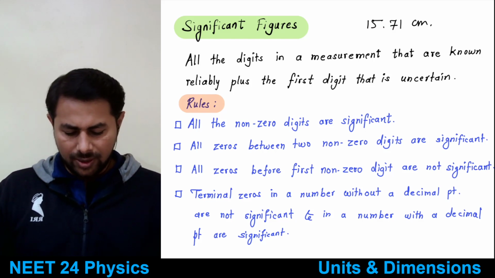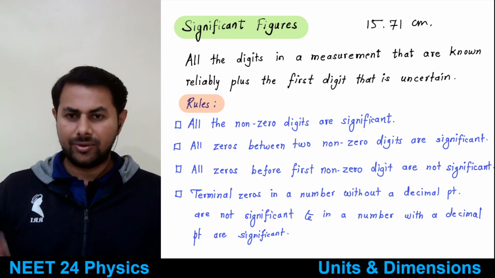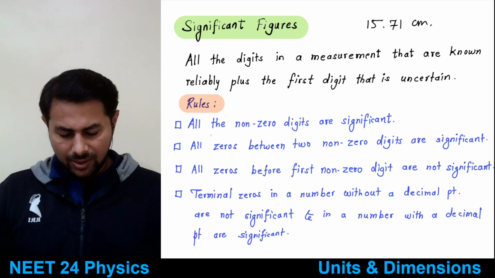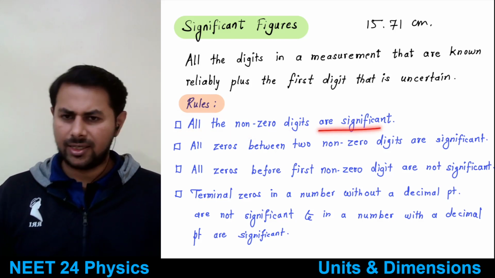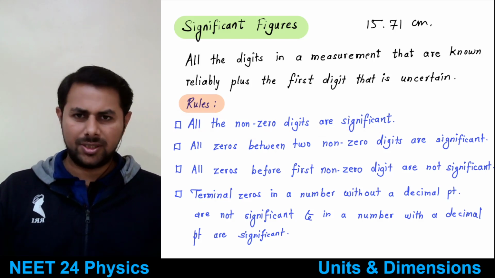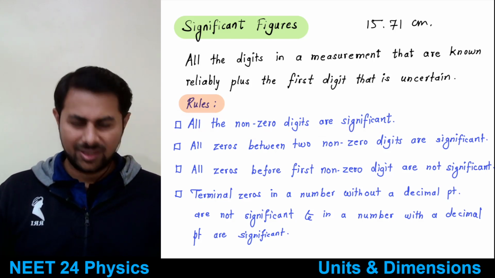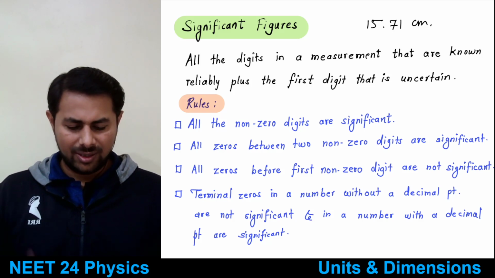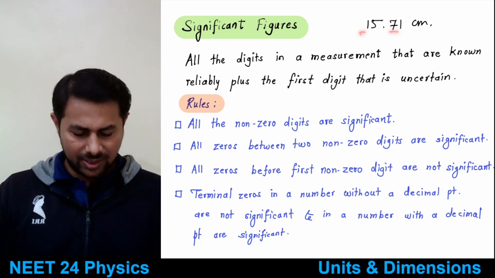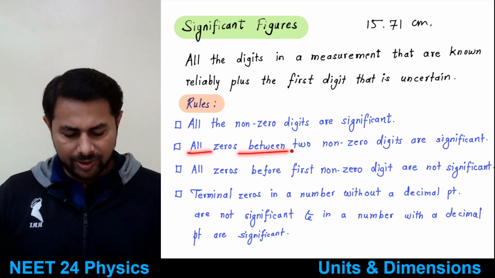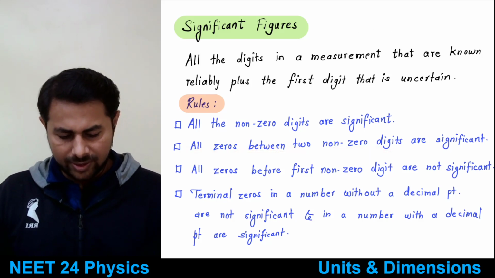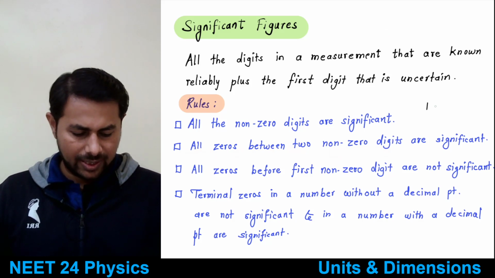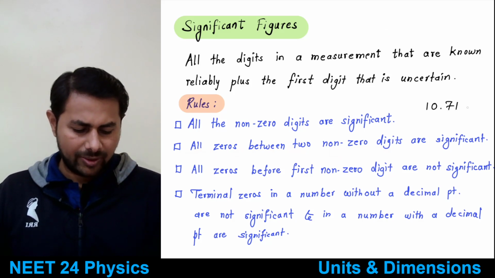Okay, good. So there are certain rules to find out the significant figures. All the non-zero digits are significant. If there is a non-zero digit, it is significant, right? If you write a measurement, every non-zero digit is significant. All zeros between two non-zero digits are significant. For an example, in place of 15.71, I write 10.71 centimeters.